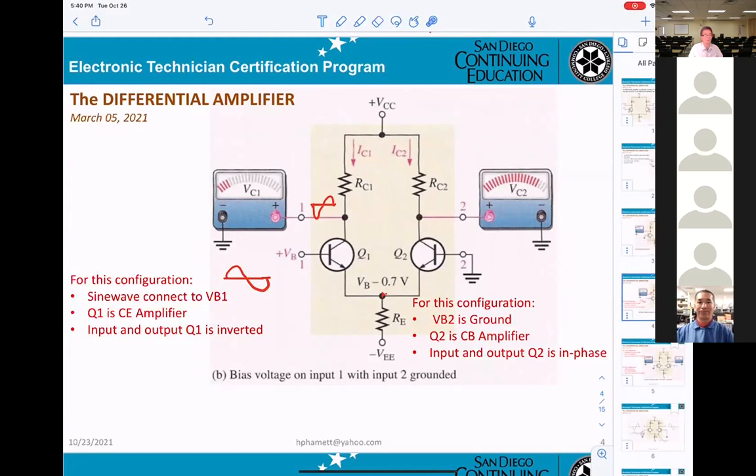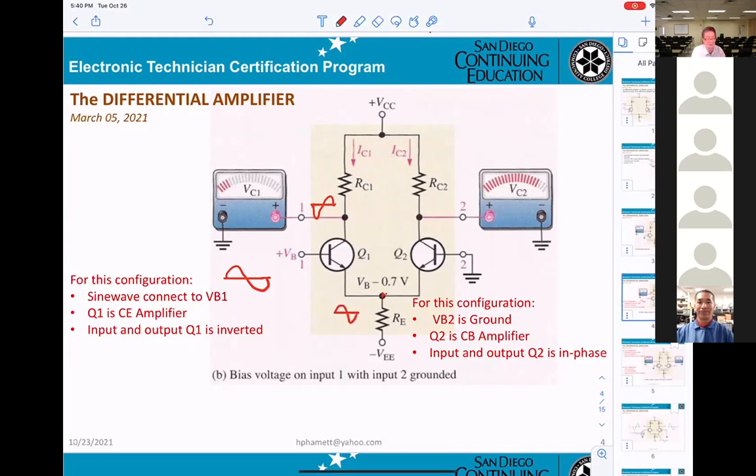No. Basically, if you get a sine wave at the base, at the emitter you get the same.